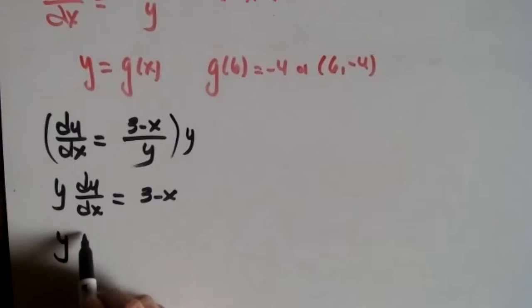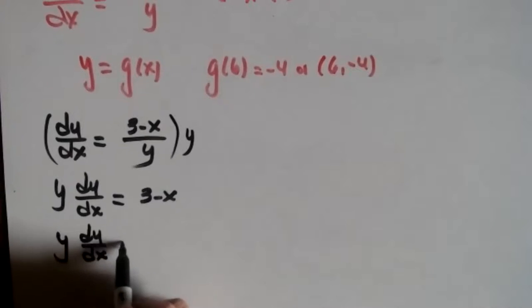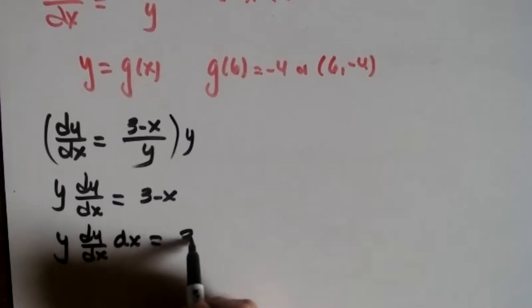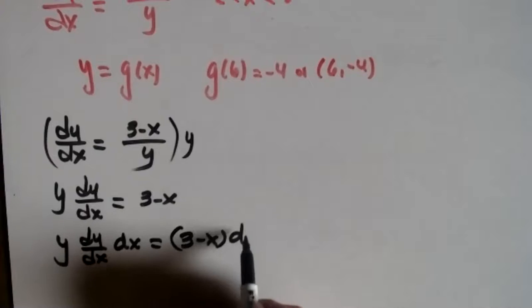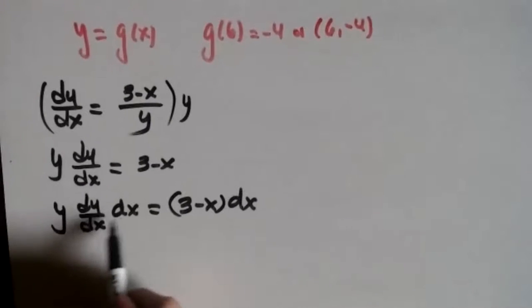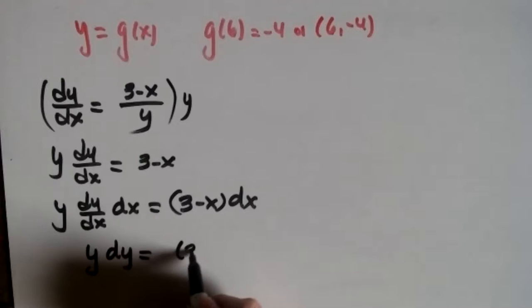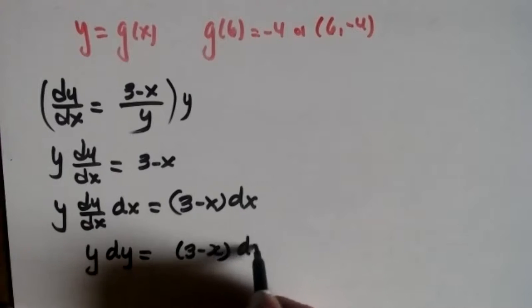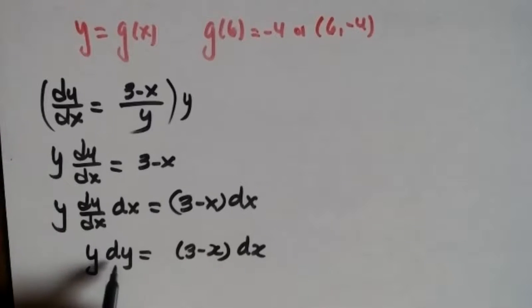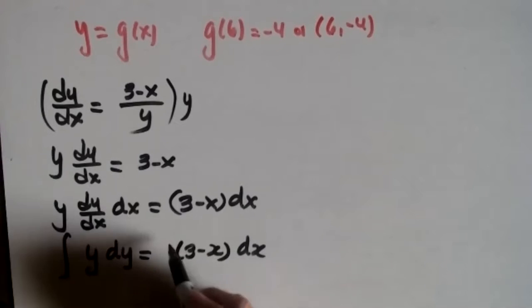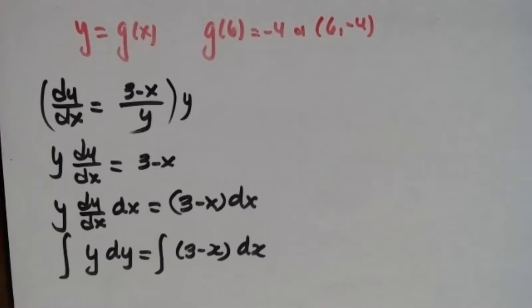So I'm going to do y dy dx equals 3 minus x dx. These two cancel, and I have y dy equals 3 minus x dx, right? And to cancel this dy, I need to integrate, as we did in class, right?